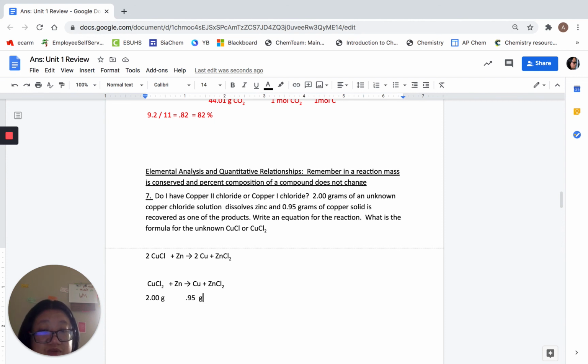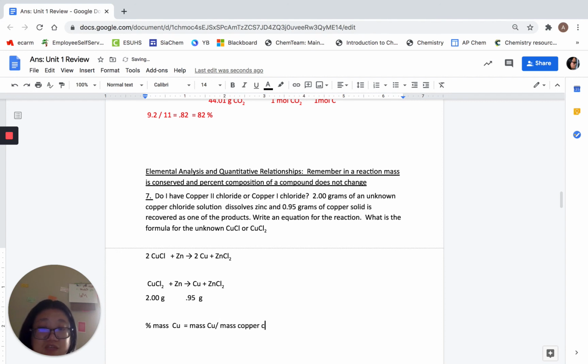What I'm going to do is assume that it's CuCl2 or CuCl, and then we're going to try to find a percentage, and that can tell you what it is. So percent mass of Cu is going to be equal to mass of Cu divided by mass of copper chloride.